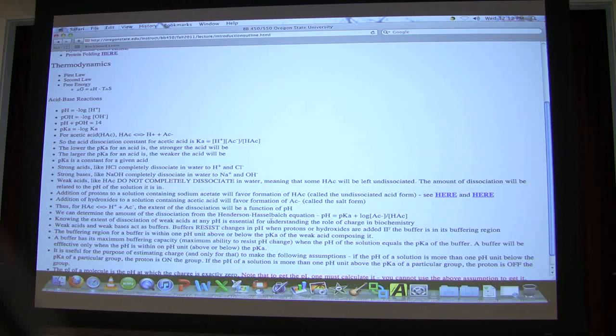Acetic acid can dissociate. So I had 999,000 molecules of that HAc sitting there, and some of those could give up protons. And what's OH- going to do when it hits a proton? It's going to combine with the proton and make water, thereby neutralizing it.